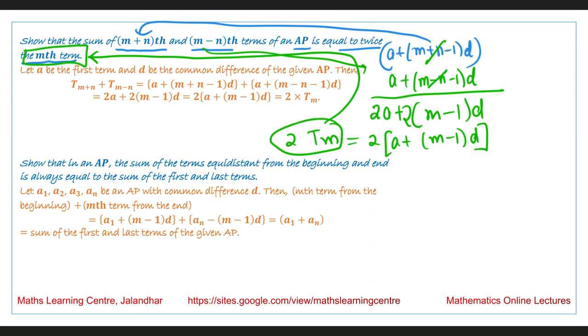Now next we have, show that in an AP the sum of the terms equidistant from the beginning and end is always equal to the sum of the first and the last term.